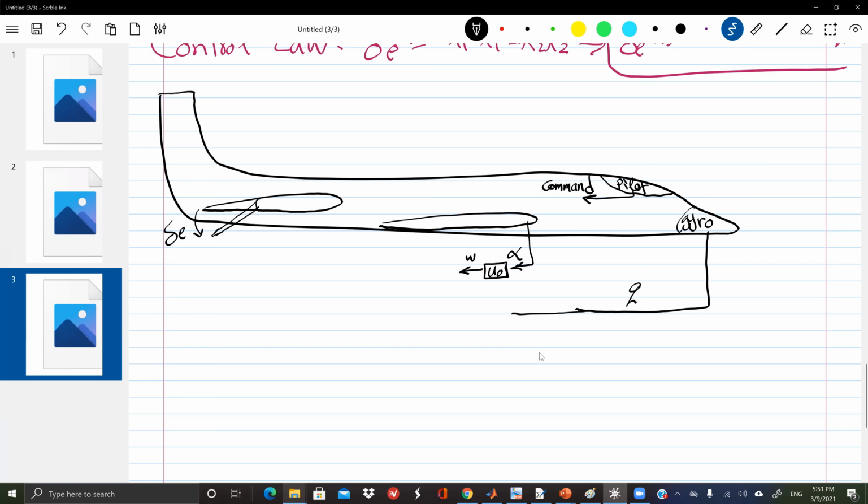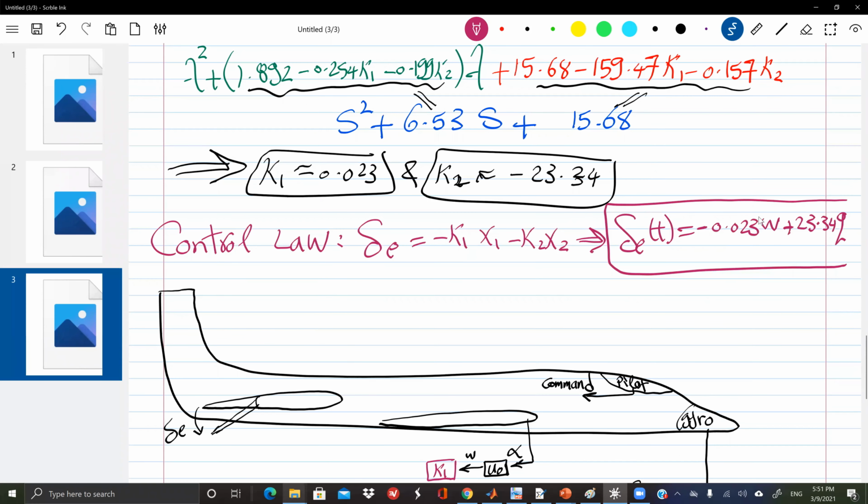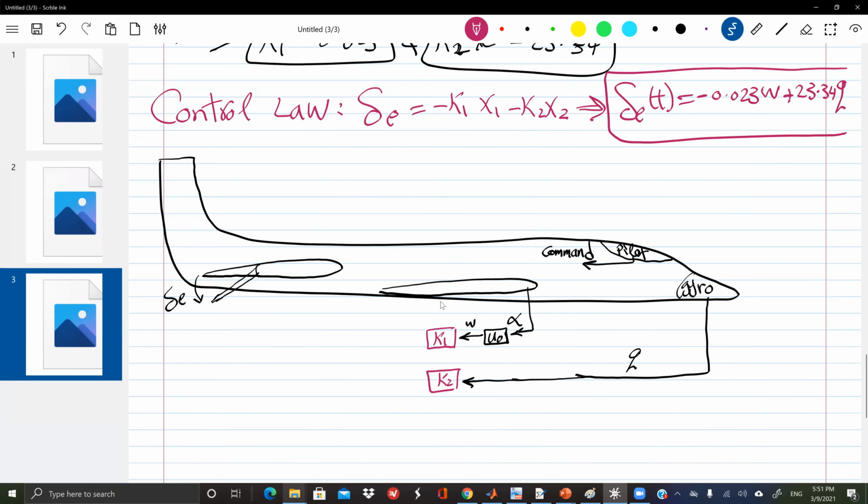All right, so I have the two states, W and Q. Your control design says to multiply these by static gains. So I have these numbers, K1 and K2, from this design operation offline on paper. Now I'm going to use them here. Add all these signals together.